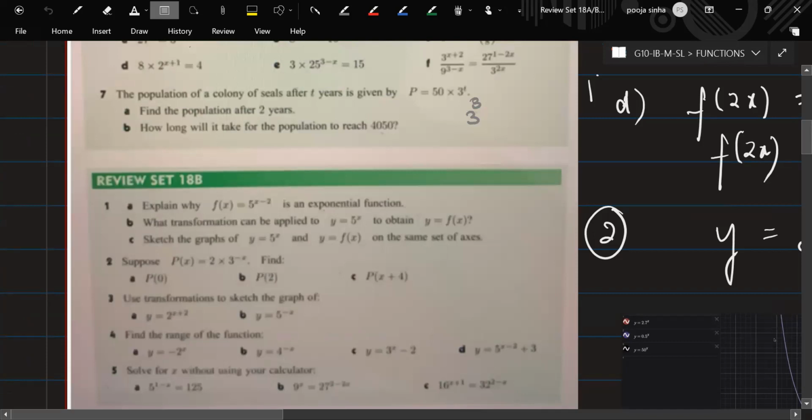P raised to power what will become 81? 81 is... 3 into 3 is 9, into 3 is 27, into 3 is 81. So how many 3s? 4. So the answer is 4.